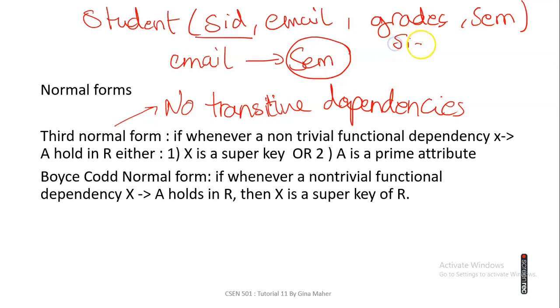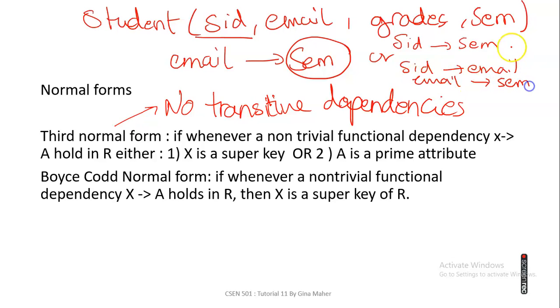Either from the SID, we can get the semester, or from the SID, we can get the email, and from the email, we can get the semester. So this is a direct way and this is an indirect way.